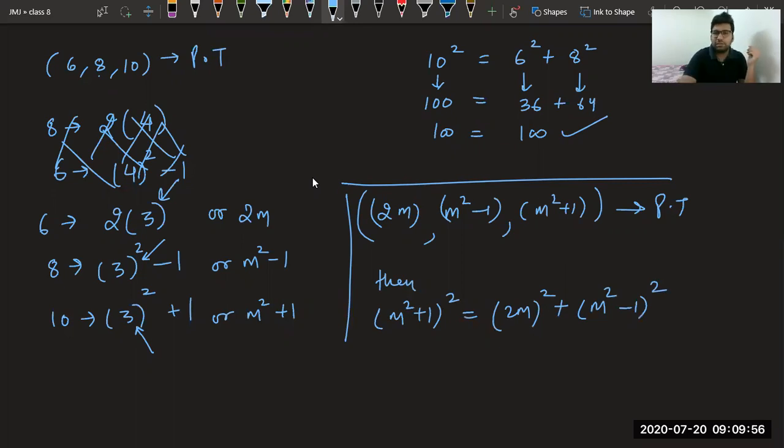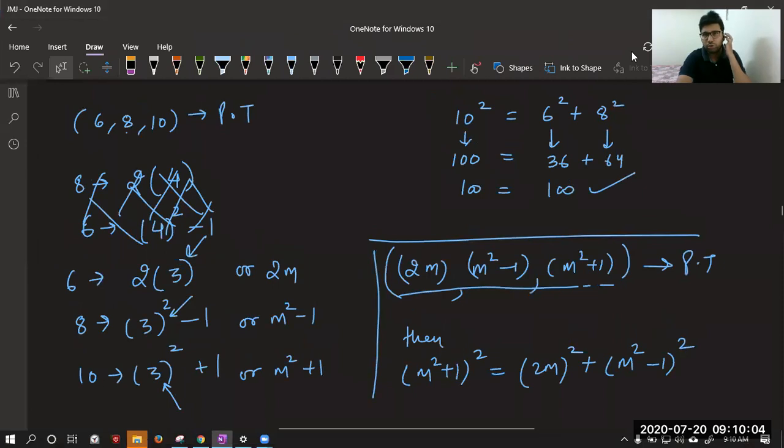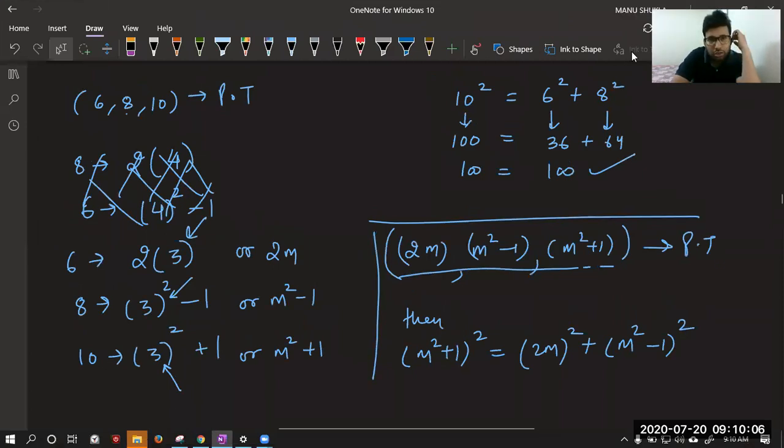I hope this is clear to you. These three are the Pythagorean triplet. Now we will apply this in one question and then you are free to solve the questions on your own. No beta, we have to take the 6 only.